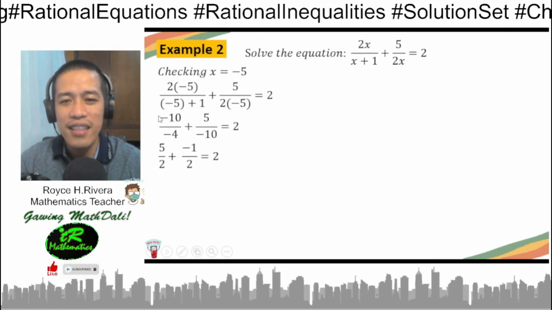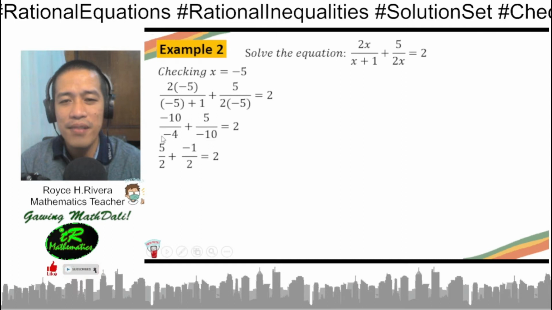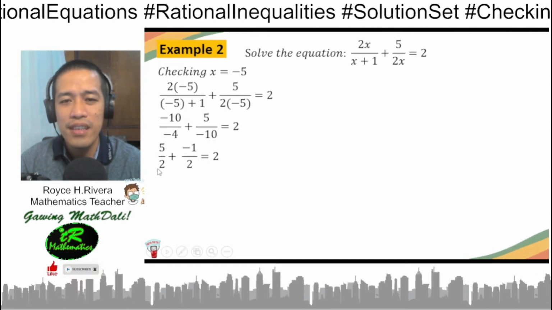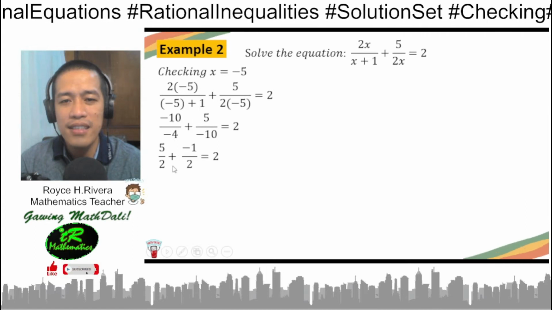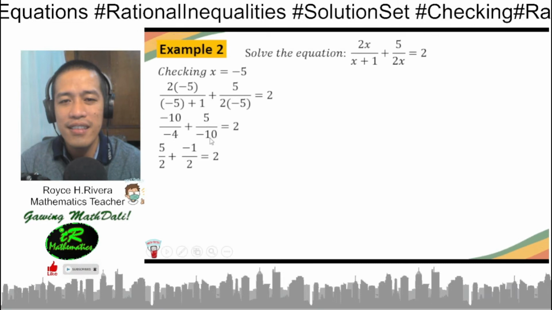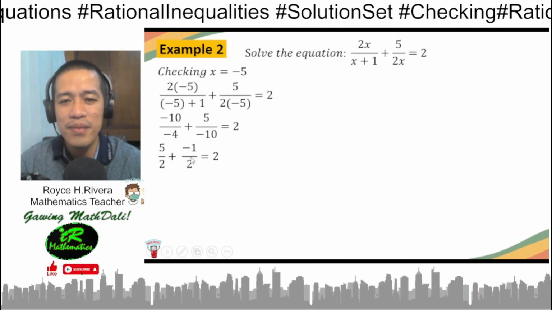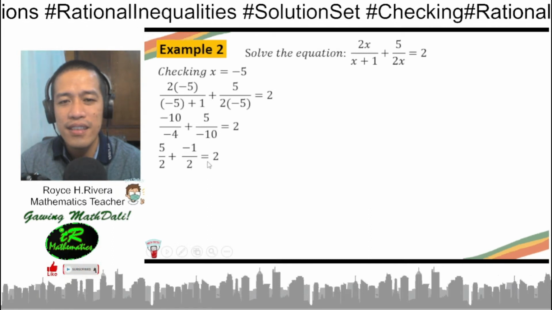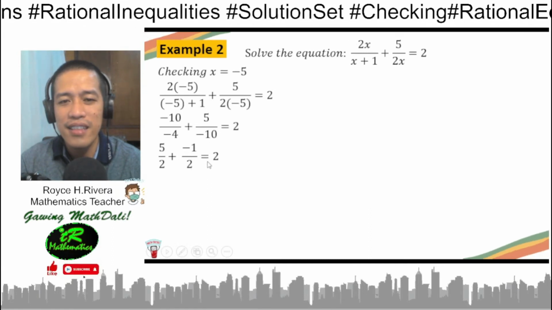Reducing negative 10 over negative 4 to lowest term, we will get 5 over 2 plus reducing 5 over negative 10 to lowest term, we will get negative 1 over 2. And that is equal to 2.